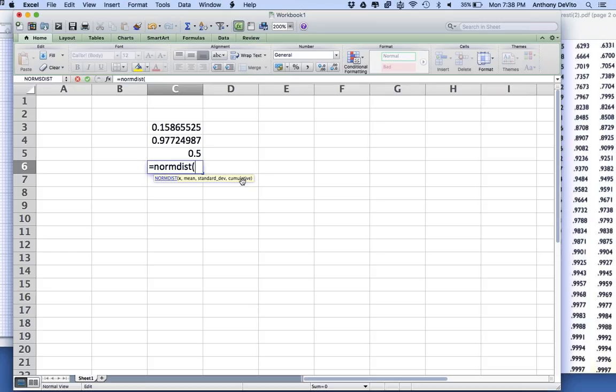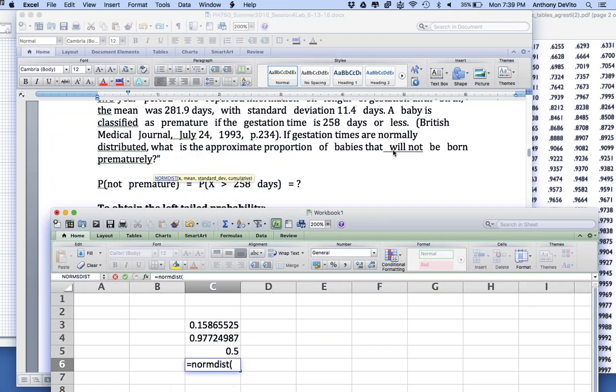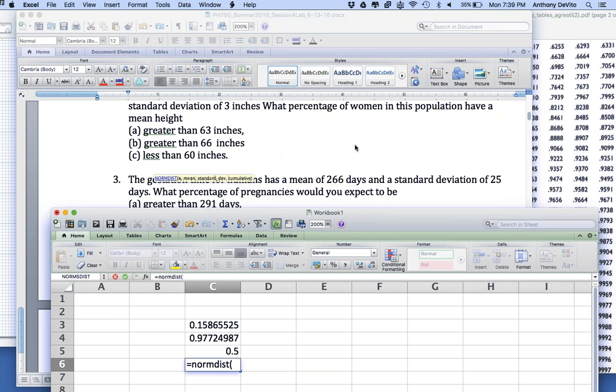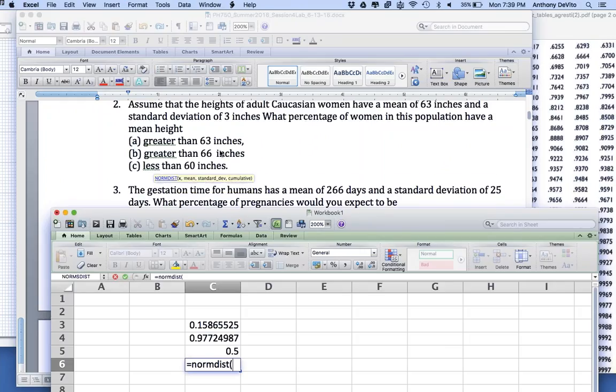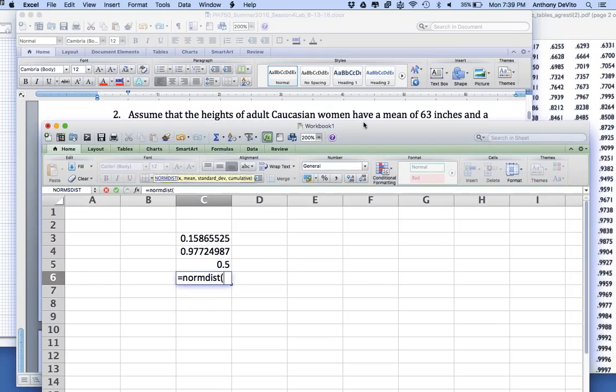So I'm going to put in one of the problems we had before. Let me go back here and look at it. We're looking at the area that represented less than 60 inches with a mean of 66 and a standard deviation of 3. What did it want again?